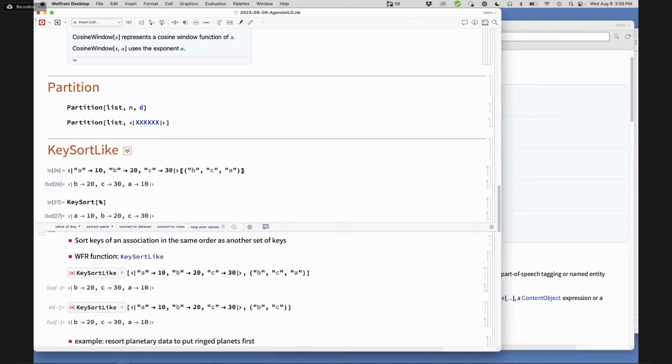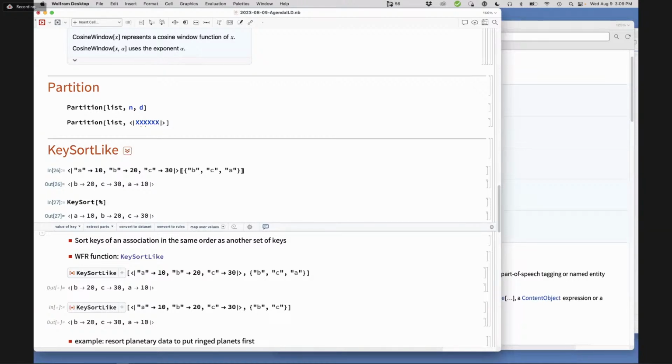Okay. All right. So this could perfectly well be, I see, key sort like and then sort like. Well, it doesn't seem crazy. So then the idea would be, if it's there, sort the things which are matching the things in that third element, sort those things in that order.